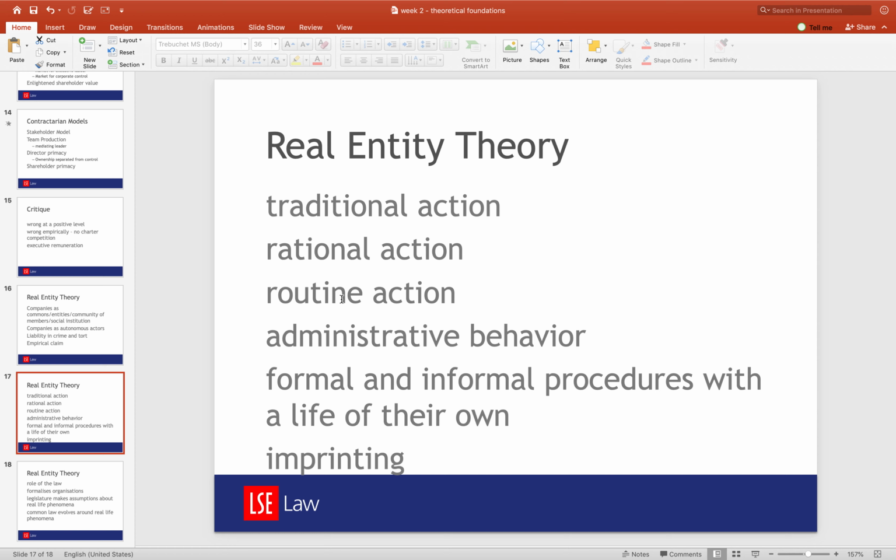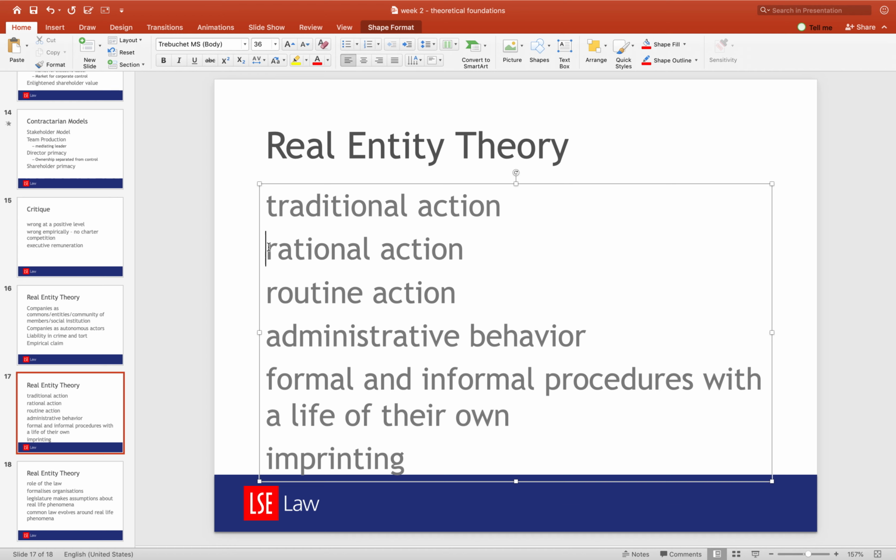One is traditional action, one is rational action, and then there's routine action. Traditional action would be an example of certain religious practices that made sense in a certain climate and have now become the expression of religious or traditional feelings. Rational action is what economists assume in neoclassical theory, how people act. And then there's routine action, so that's action that people have learned and just repeat.